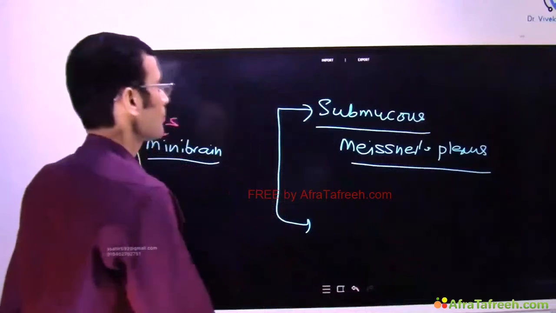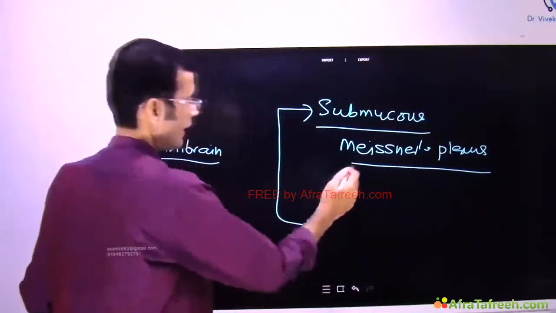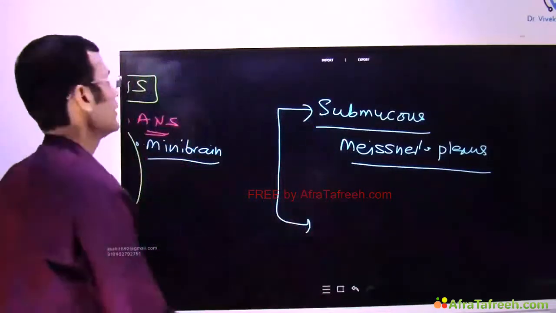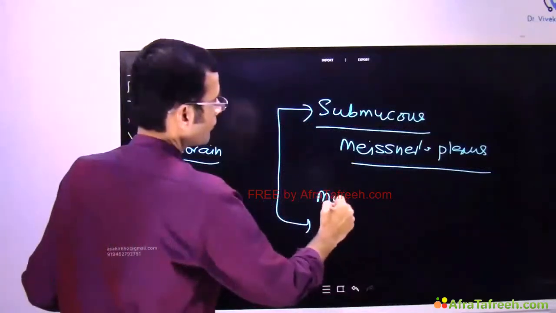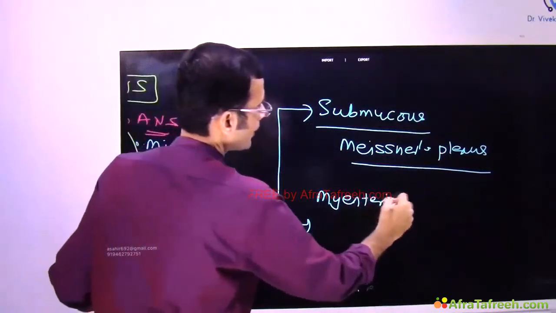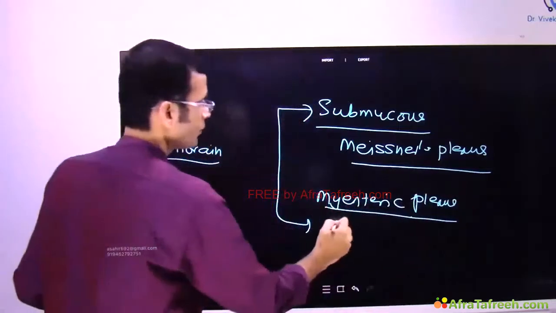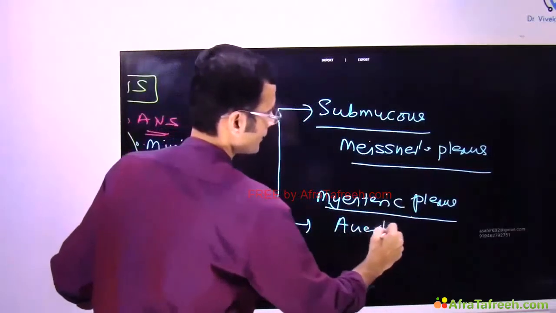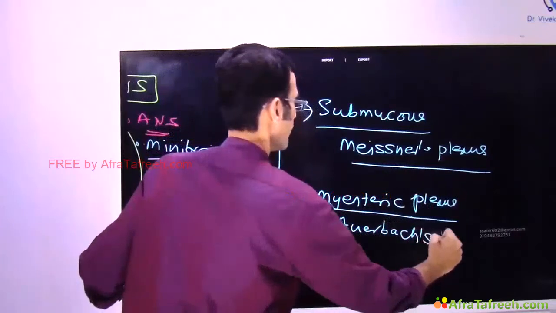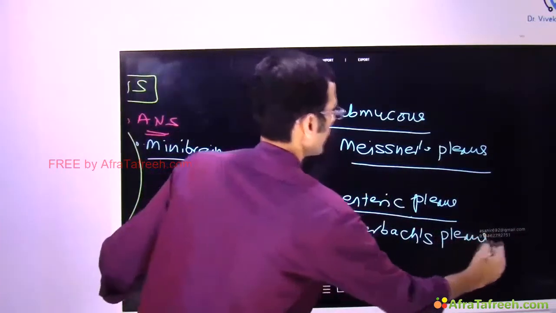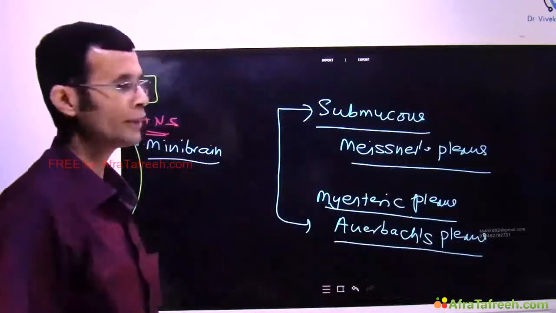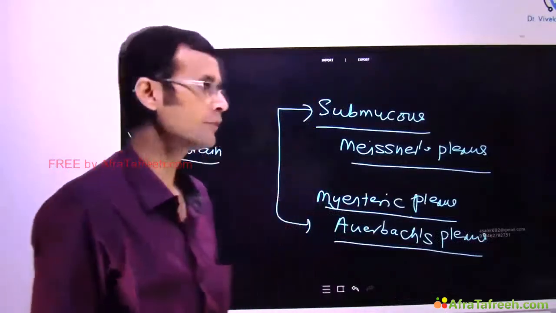That's in the submucous layer. The other one is the myenteric plexus in the muscle layer, which is called Auerbach's plexus. So, 2 extensive networks or plexuses of nerves.